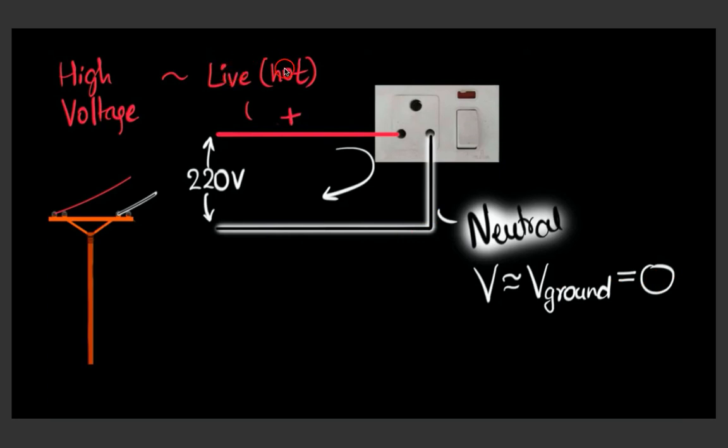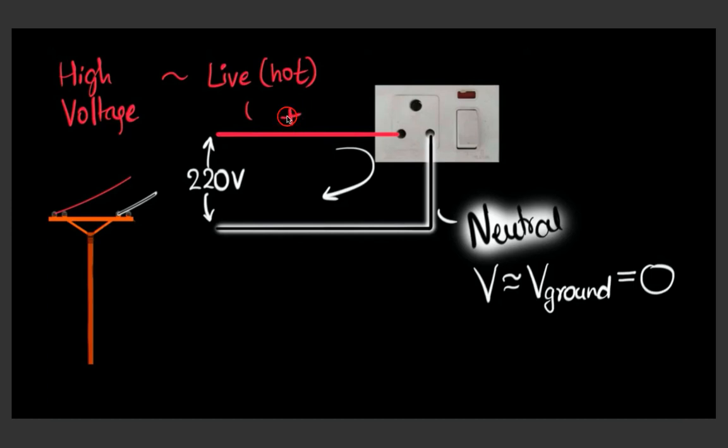So this neutral wire has this voltage of 0 maintained for it. And then this live or hot wire has the high voltage of 220 volts in this image, greater than the ground voltage. So in other words, this live hot wire has a voltage of 220 volts when compared to the voltage of the ground. Now, this image is showing the case where this live hot wire has a positive voltage, which is why we have a plus sign.